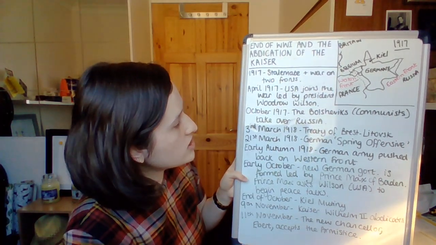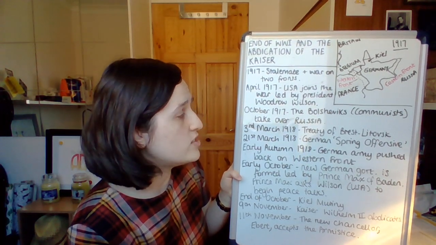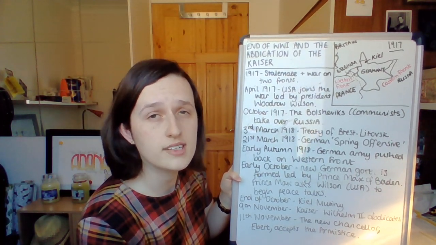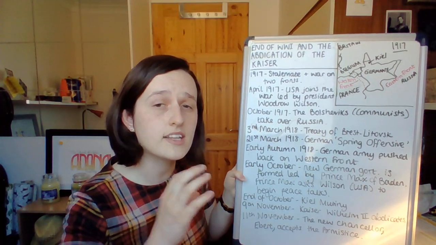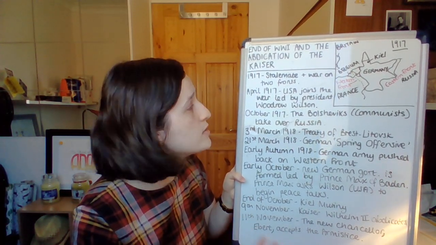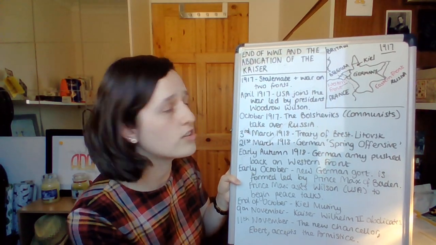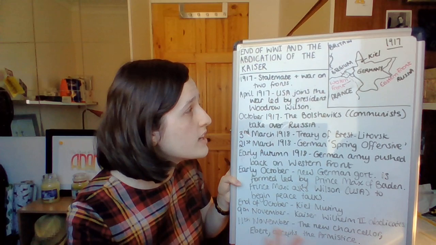Then on the 3rd of March 1918, the USSR, Russia, decide to sign a treaty called the Treaty of Brest-Litovsk, which basically takes Russia out of the First World War. They sign this treaty with Germany, because Russia's been doing terribly in the First World War. They're not very good, they're not well funded, they're not well organised.